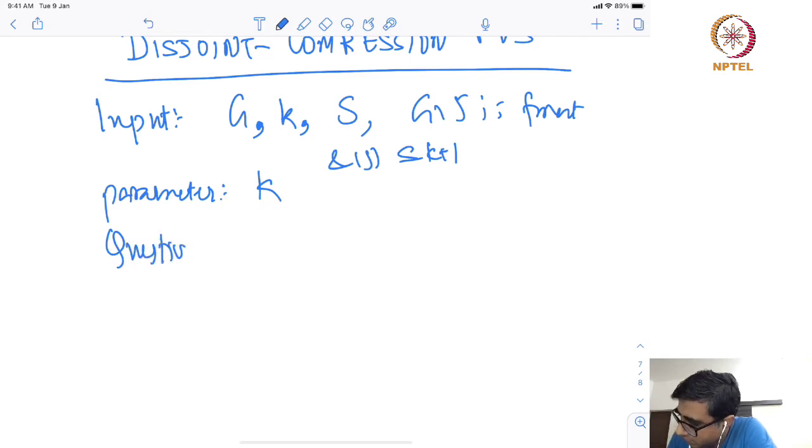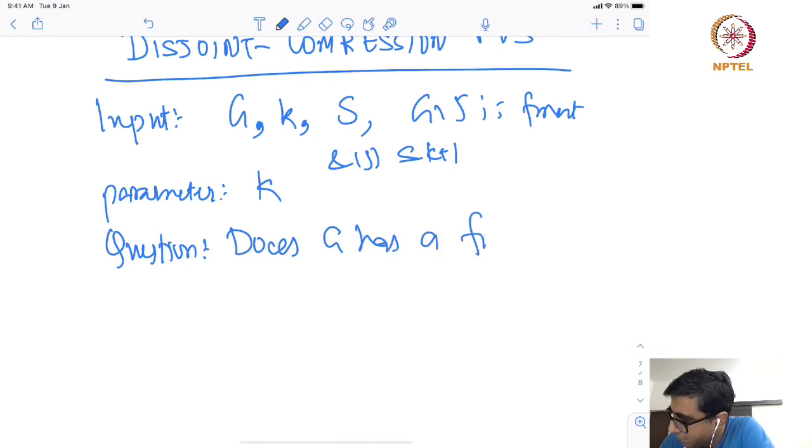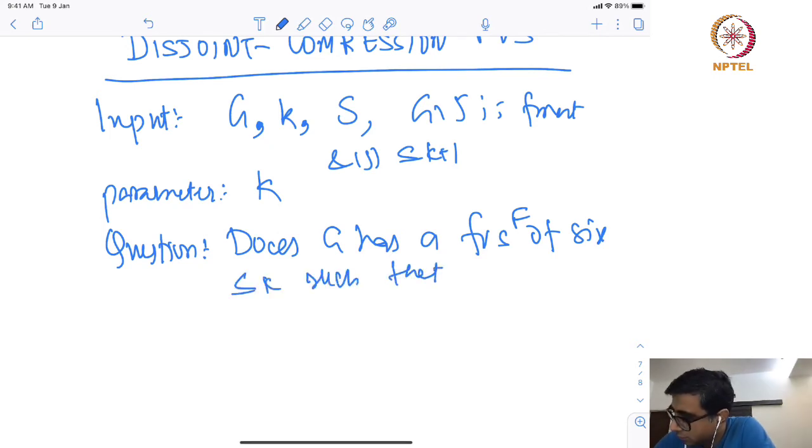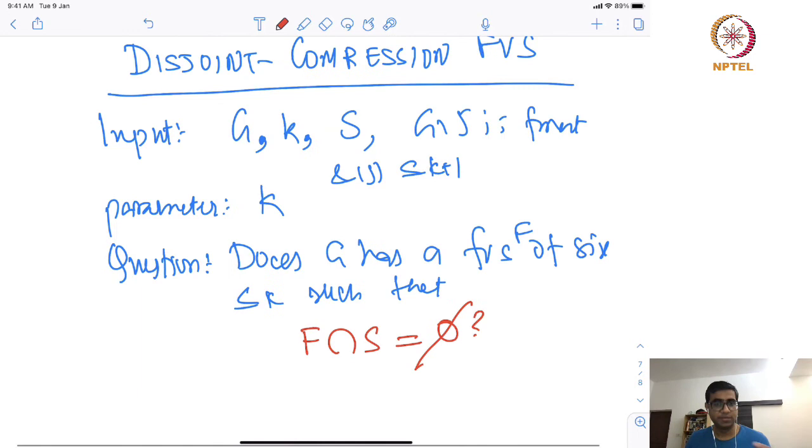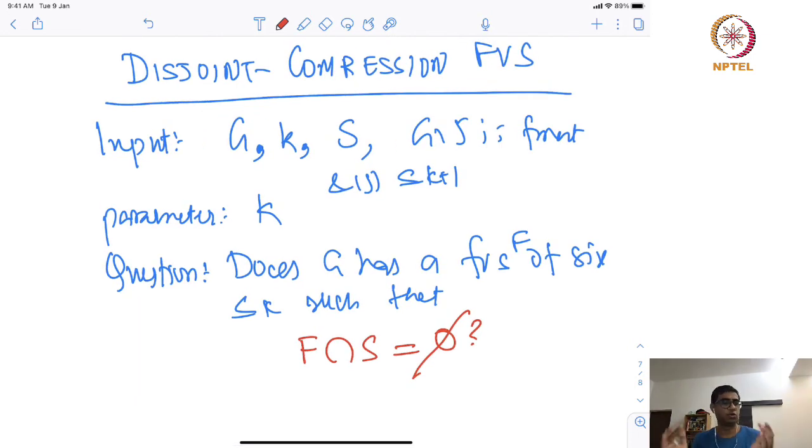The question is, does G have a feedback vertex set F of size at most k such that, an important point, F intersection S is empty? So, we are looking for a feedback vertex set which is disjoint from the given feedback vertex set, and trust me, this additional property gives so much structure to exploit, and we will see several examples in coming lectures once I have set up the whole tool for you.